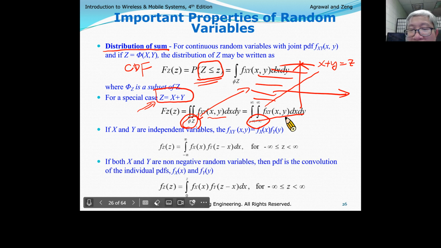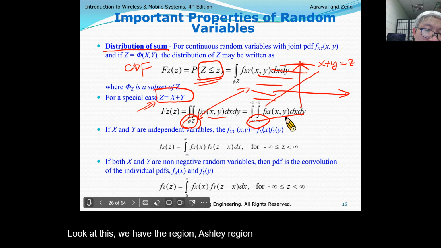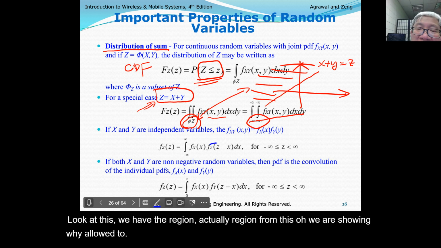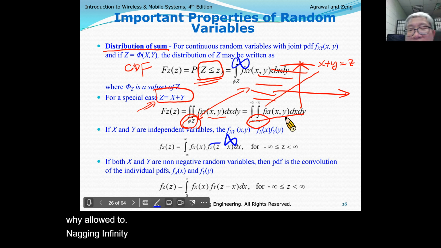Look at this. We have the region. Y is allowed to go from negative infinity to infinity. But how about x? Actually, it should start from this. Why?